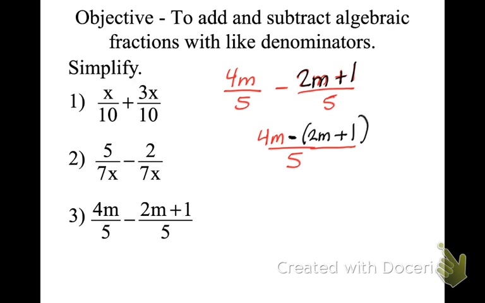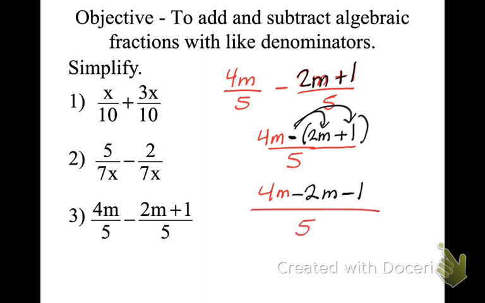Okay? So what we do is we have to distribute that, and then it becomes a negative 2m. And then I distribute it again, minus 1. Of course, I have this 4m, and it's all over 5. Now I can combine my like terms in the numerator.